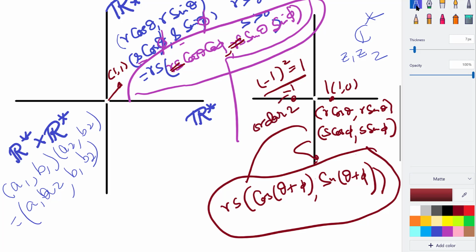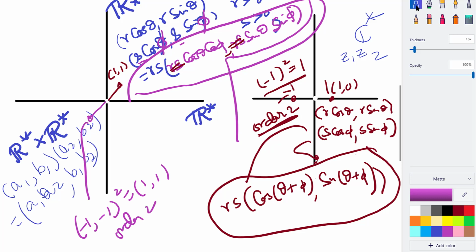Now remember this: if two groups are isomorphic, then they have to have the same number of elements of any given order. If I come here on this side, look at (-1, -1). The order of this is 2, but at the same time, even (1, -1) has order 2 as well, right?